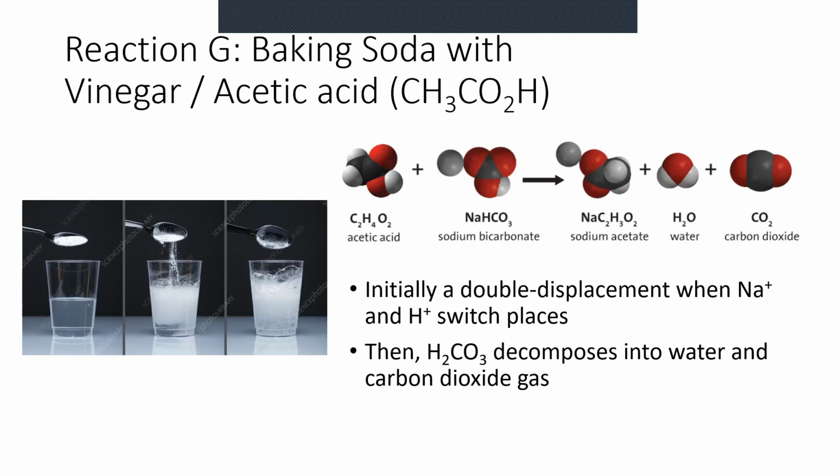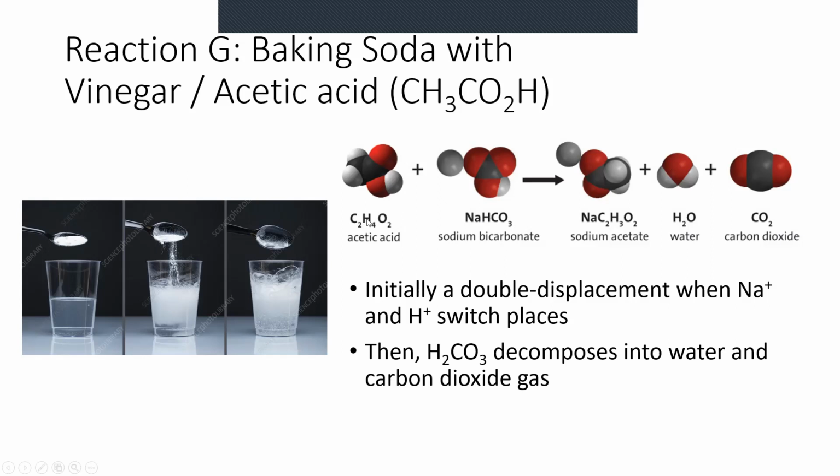Initially, a double displacement reaction is occurring when the sodium ions and the hydrogen ions switch places. The sodium ions are provided from sodium bicarbonate, so this breaks apart into sodium ions and bicarbonate ions. Acetic acid will also dissociate. H+ will separate from acetate ion.